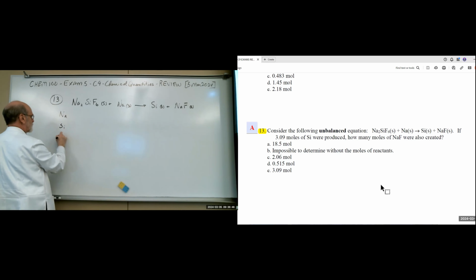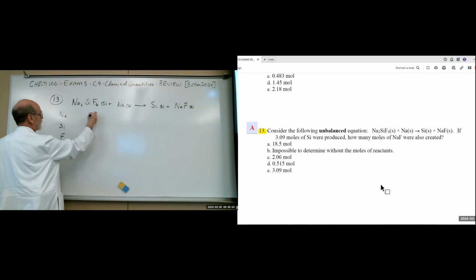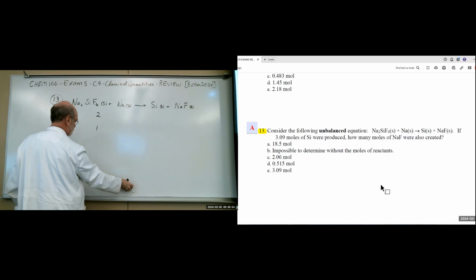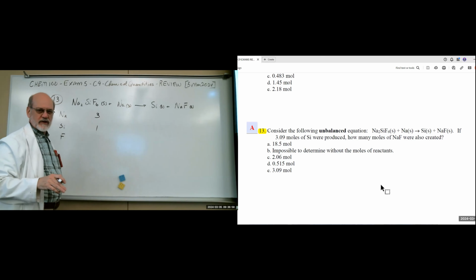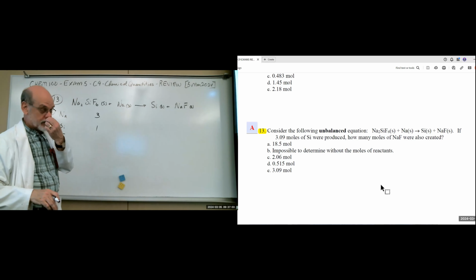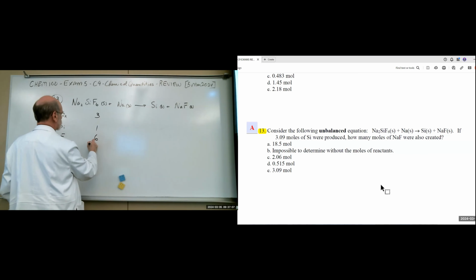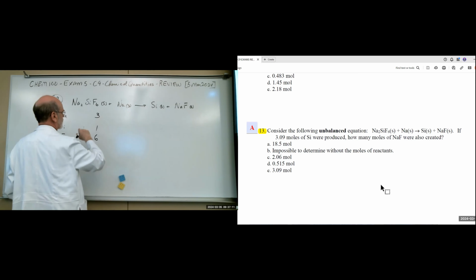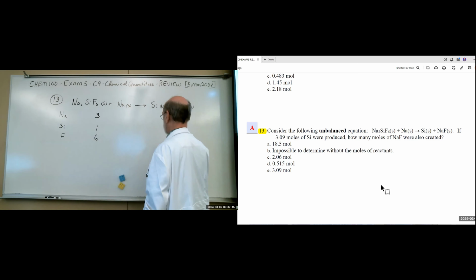Sodium, silicon, fluorine. Sodium, silicon, fluorine. Yep, that's it. So 2 sodiums, 3 sodiums. The reason I decided to do the budget is because sodium is in 2 different places on that side. And 6 fluorines, so that's 7, 10. 2, 3, 9, and 10. On this side, we have 1 sodium, 1 silicon, and 1 fluorine.